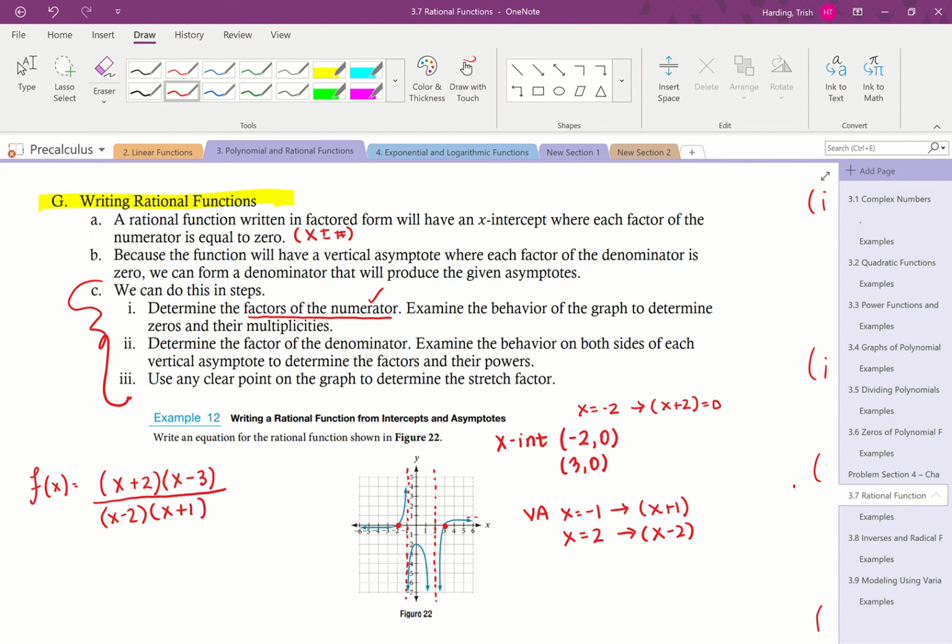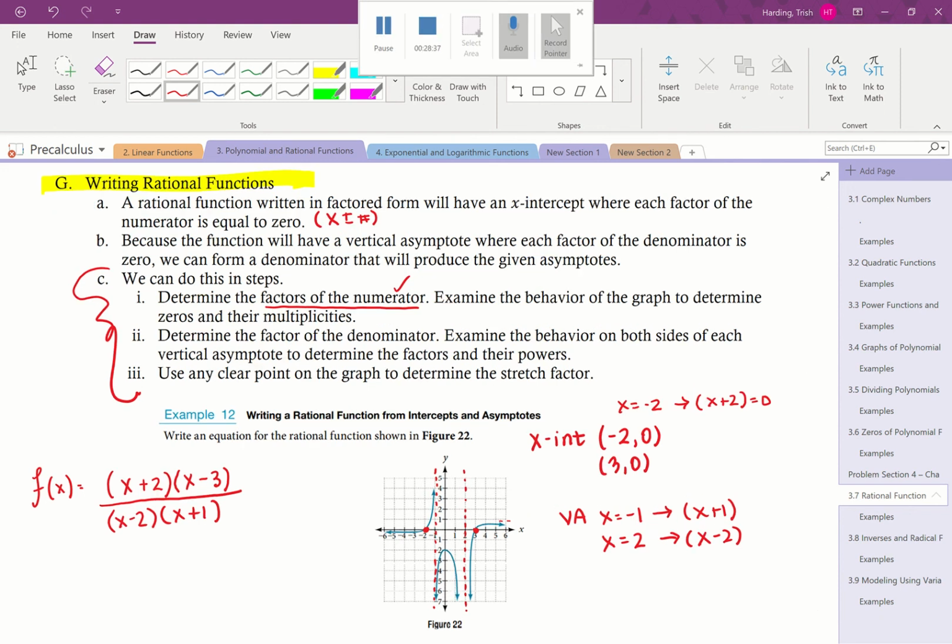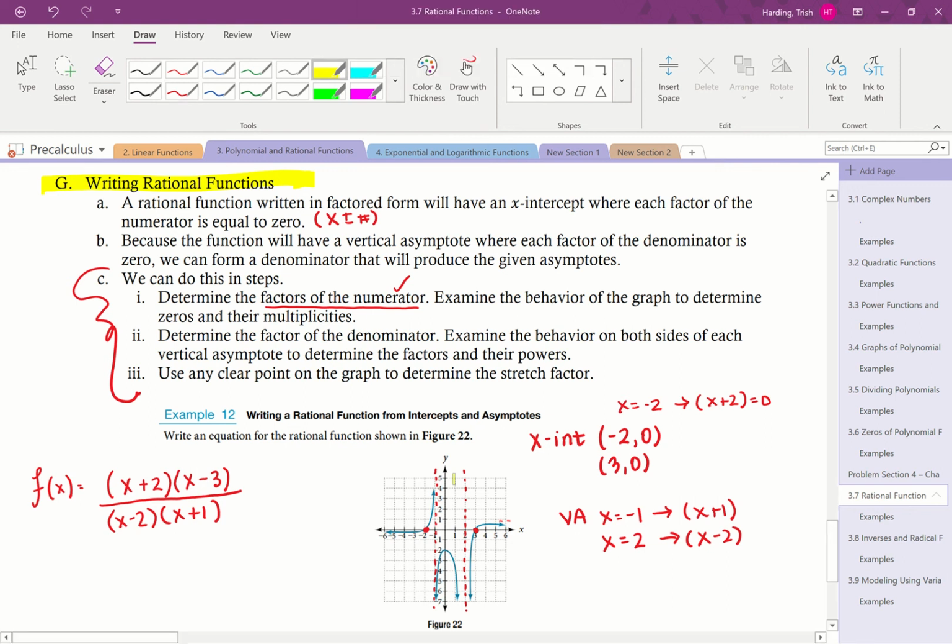So notice when we have x plus 1 and x minus 2, it does this odd parabola thing. Hold on. So one thing we're going to look at is which direction these graphs go on either side of the asymptote. So let me get a highlighter. Notice how at this asymptote, they both go off in the same direction.